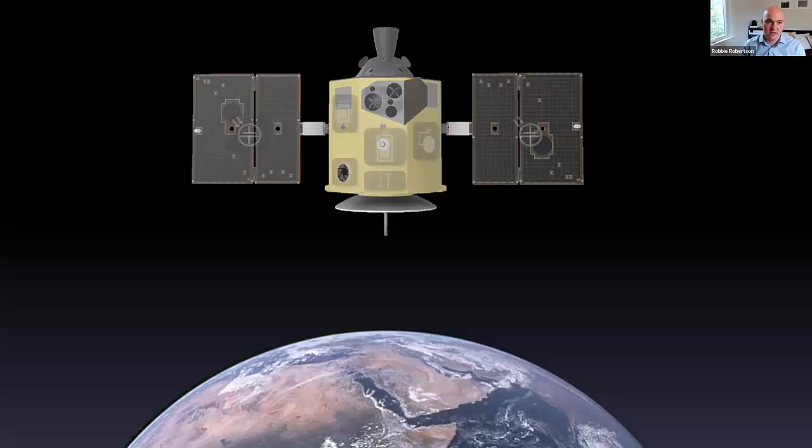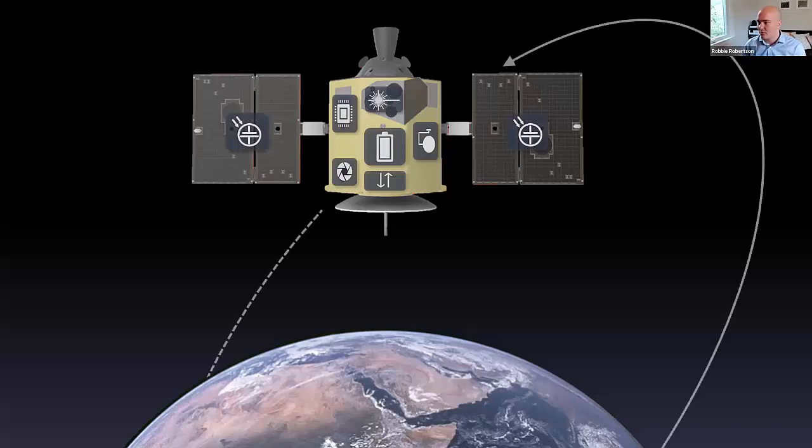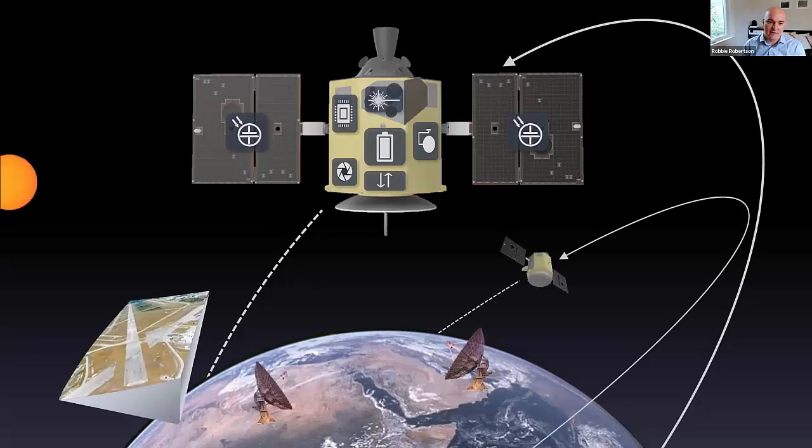We can start with the spacecraft hardware, the subsystems of our satellite, and the orbit of our satellite. And then we have the mission architecture, which includes a multitude of things: other spacecraft, our ground stations, imaging or observation targets, whether those are on Earth or in space.